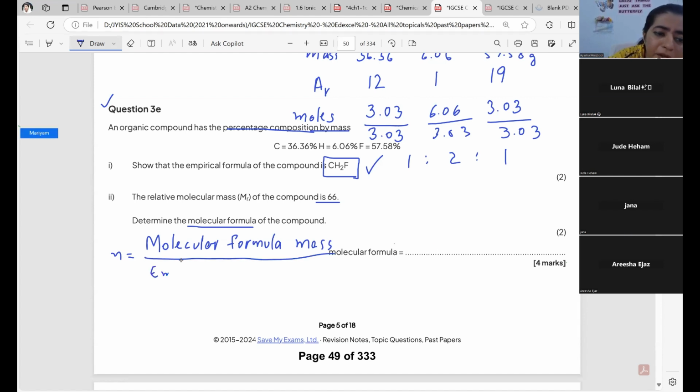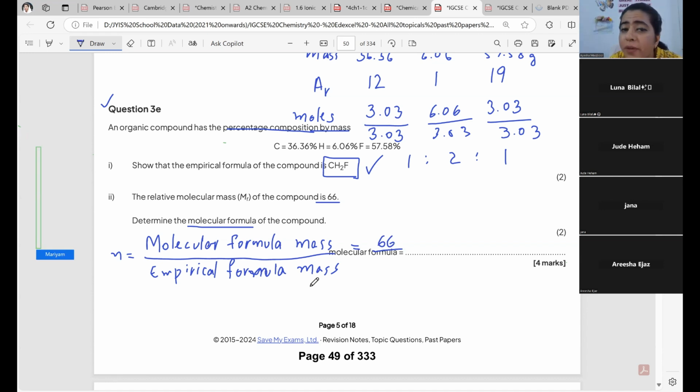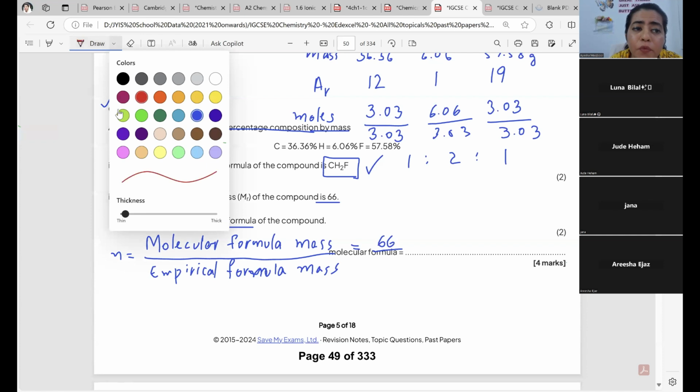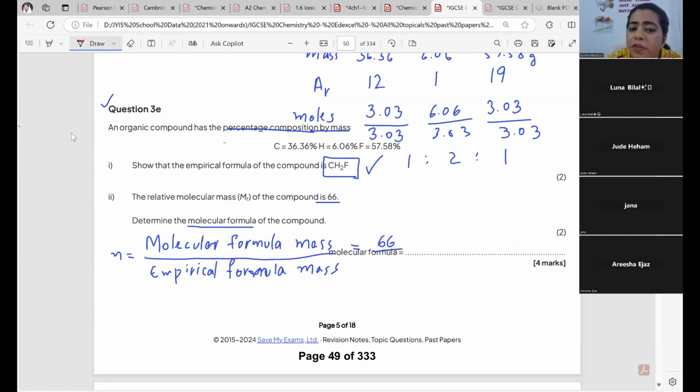Write this with me. Right now we have the molecular formula mass, MR, 66. So we're going to write 66 divided by empirical formula mass. Empirical formula mass means find the MR value of the empirical formula only, which is CH2F. So empirical formula mass is going to be carbon is 12, 2 hydrogens.